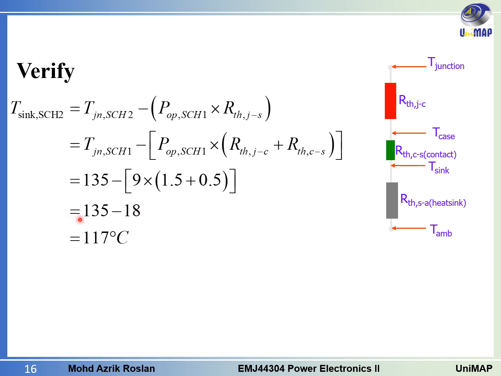So 135 minus 18 is 117. This is the same temperature that we should get for Schottky 1 and Schottky 2, because this is the heat sink temperature, which should be the same for the components that we want to put on the heat sink.